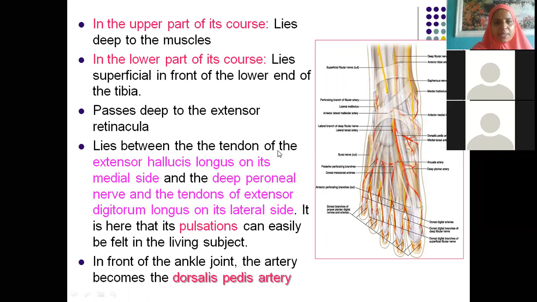It lies between the tendon of extensor hallucis on its medial side and deep peroneal nerve and tendons of extensor digitorum longus on its lateral side. Just try to recollect that code, then you will be writing easily which is medial, which is lateral. Because now it is becoming superficial, we can feel the pulsations in living subject in front of the ankle joint. Okay, and where it is now, name has changed. Now anterior tibial artery is called as dorsalis pedis artery. Okay, beta?